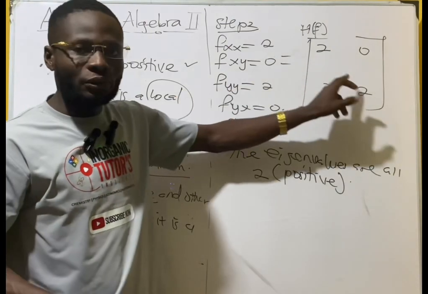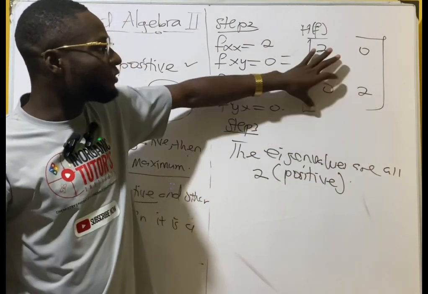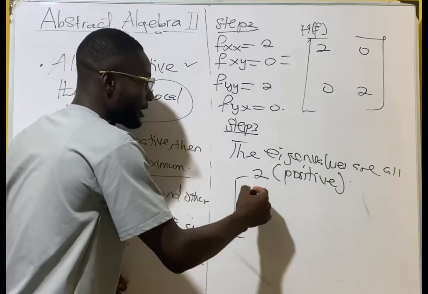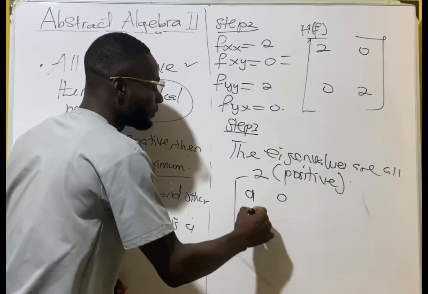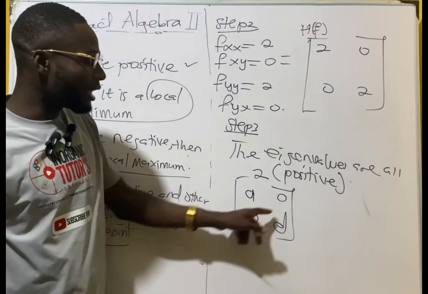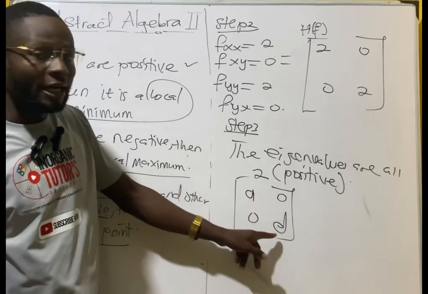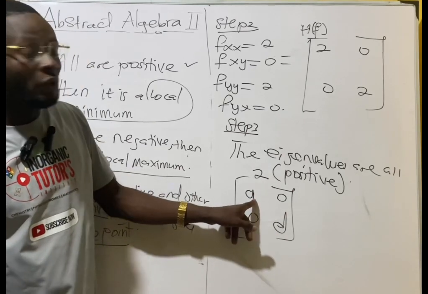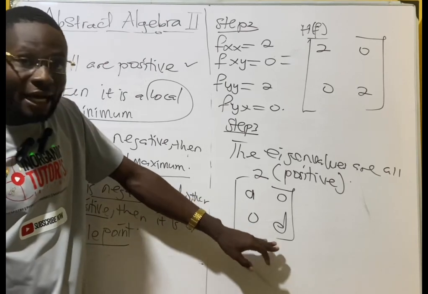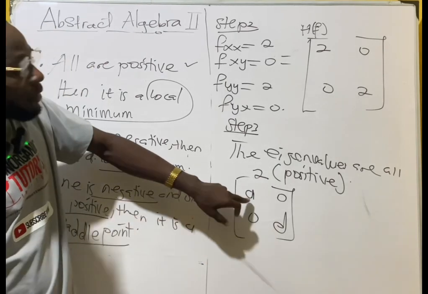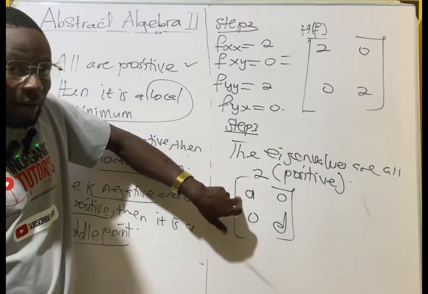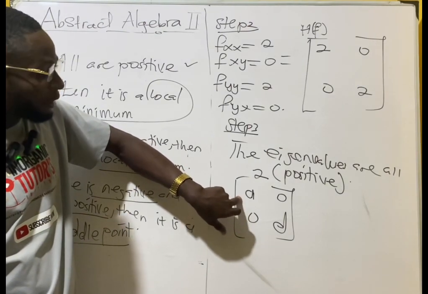Now, let's come to the eigenvalue side. You know, if you have a diagonal matrix, is just like you have A, 0, 0, D, right? Meaning the off diagonal are all 0 and the main diagonal is what? A non-zero. That is what we mean by diagonal matrix. So if you have a diagonal matrix, then the main diagonal element will help you to determine whether it is a local minimum, maximum, or saddle point.